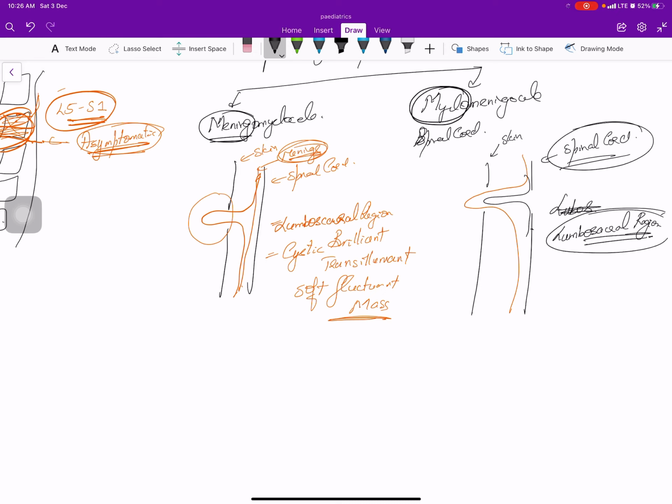And since there's a neural component involved here, we're going to see lower motor neuron type of clinical features like decrease in tone, decrease in deep tendon reflexes. We're going to see flaccidity, and since it involves the lumbosacral region, we'll also see bowel and bladder incontinence.